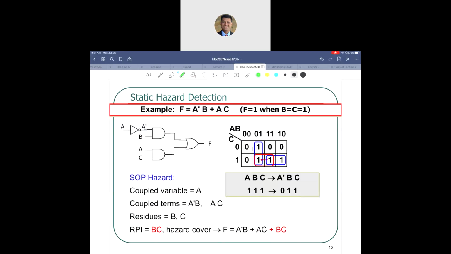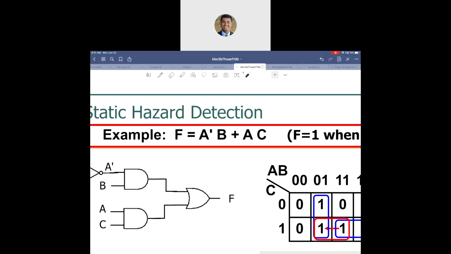Let us take a look at some examples and you will be able to clearly see how it turns into a very simple process. So suppose you have an expression. This is the example of static hazard detection and also elimination. So F is given to us as A complement B or AC, right? So what is the coupled variable here?